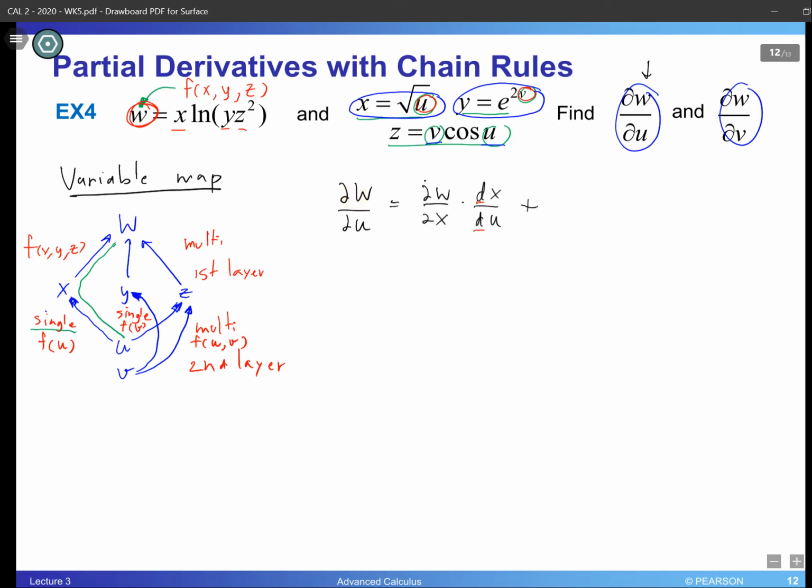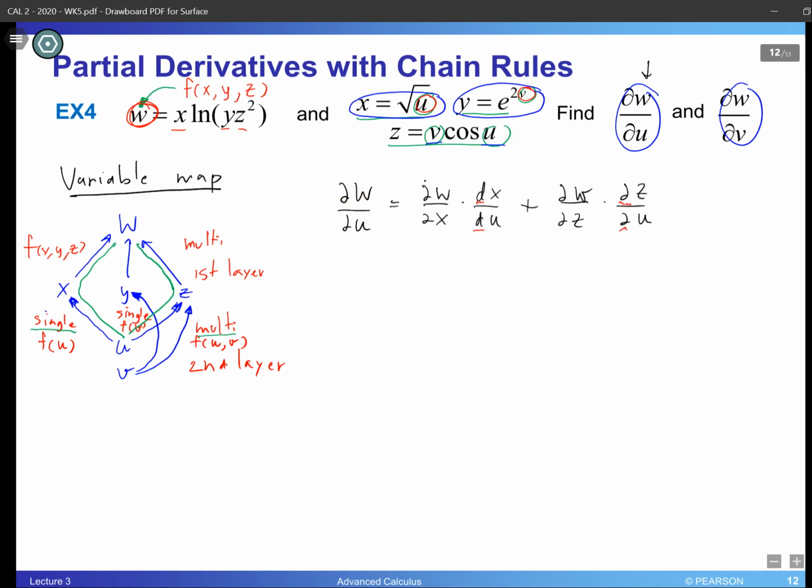We have to find other paths that connect w to u, and as you can see here, we have another one right here: w to z, and then z to u. So dw to dz, and then dz with respect to u. This is the difference. When I diff this z, I use the partial diff because z is multi-variable. So I need to point out this difference. This is partial diff.